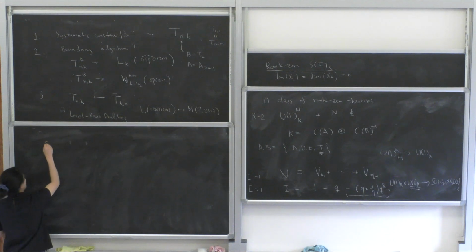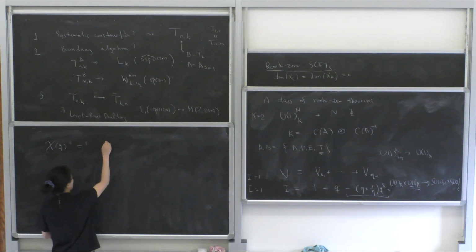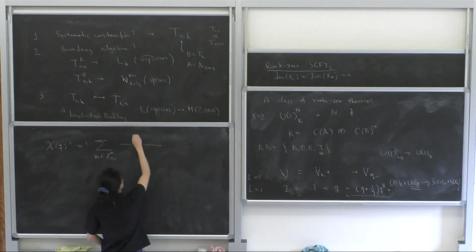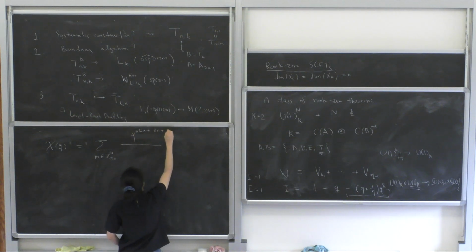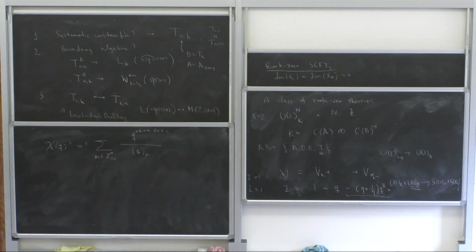The character χ of the rational VOA, in many cases, has the following expression, what's called the fermionic sum formula, where m is a non-negative integer vector, with q^(m K m + B m + C) and N copies of q-Pochhammer symbols. Many characters of rational VOAs take this form.